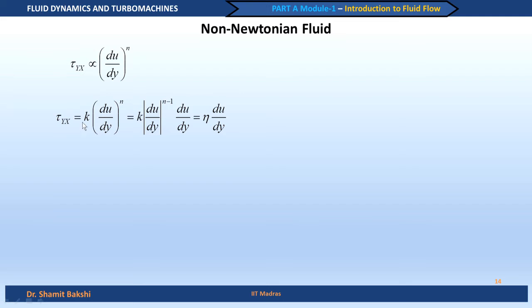We can now write it in this form, where we take out modulus of du by dy raised to the power n minus 1 multiplied by du by dy. The idea behind this is to keep this expression similar to a Newtonian fluid.